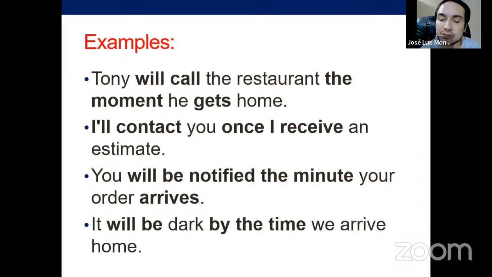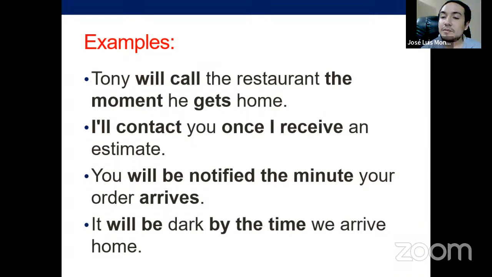So I will do that action once, it's like it's putting more intensity, all right, and let's say specificity to what we want to communicate. You can say, I'll contact you when I receive the estimate. It's great. But if you say once, it feels more immediate.